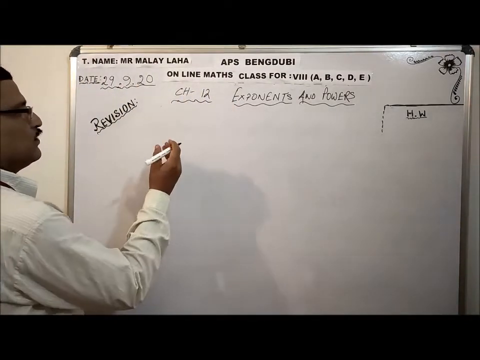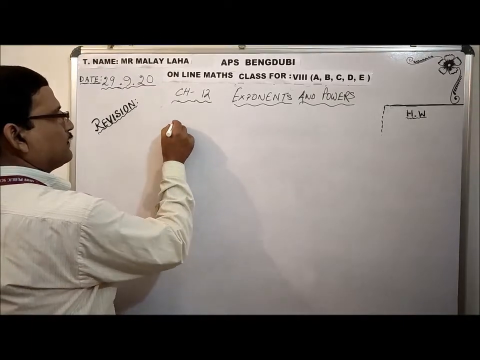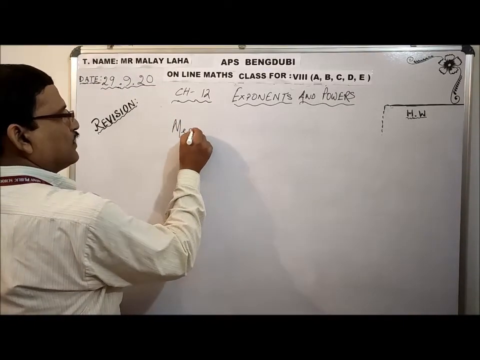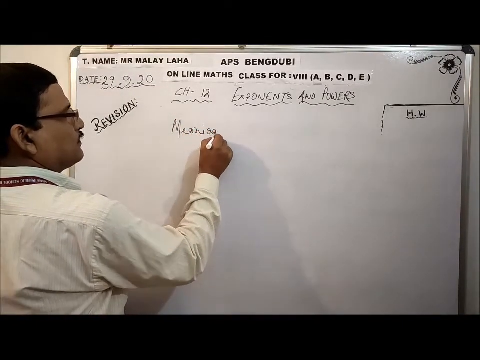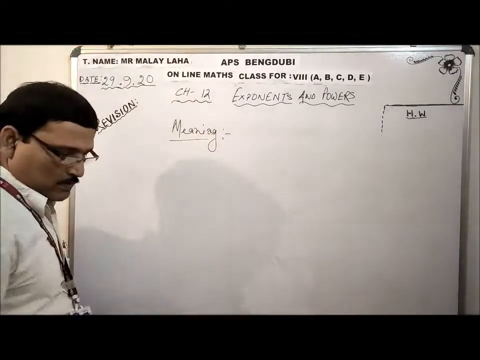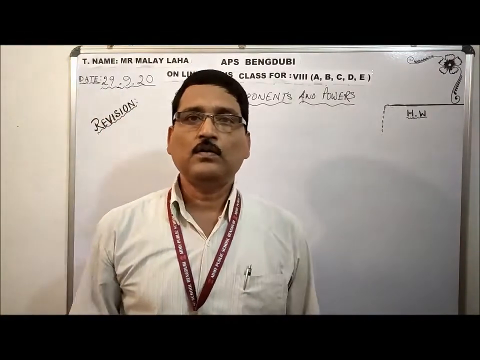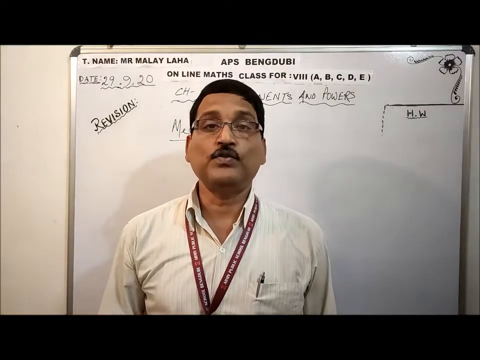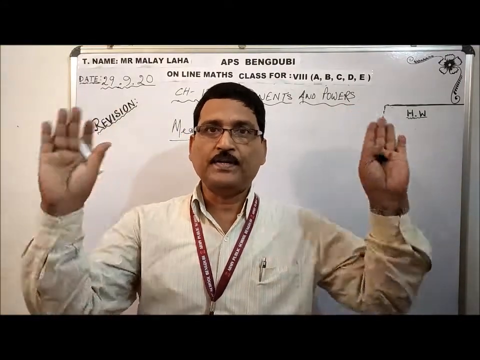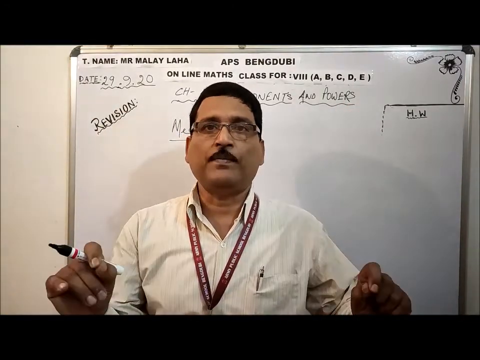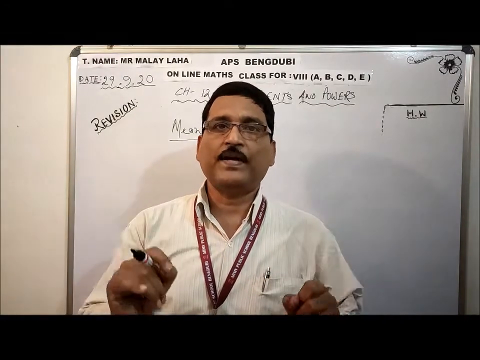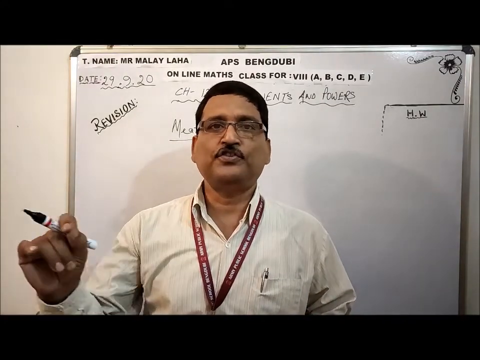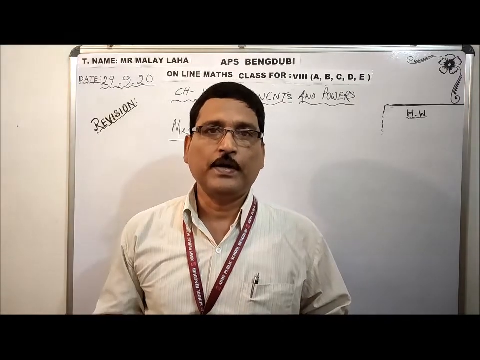Exponent and power. Okay. First is the meaning. What is the meaning? When we like to represent a big number or a very small number, say the size of the bacteria is 0.00000092 mm.